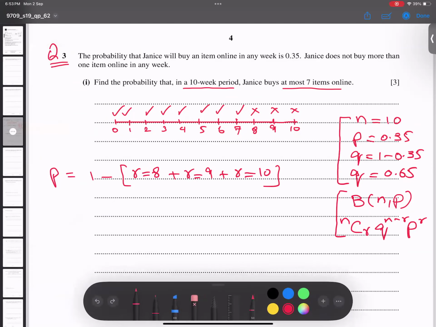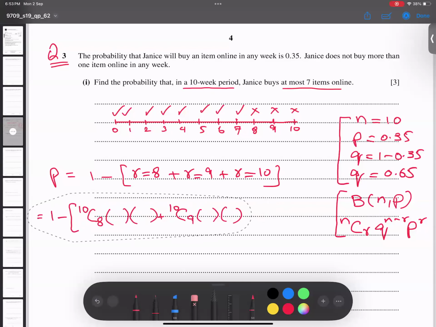So have a look, how can we try? 1 minus, and the formula has N here and R there. This formula I'm going to apply three times. So 10C8, with two brackets, then 10C9 with two brackets, and then 10C10, again with two brackets.